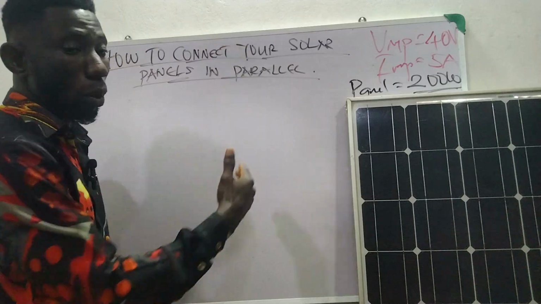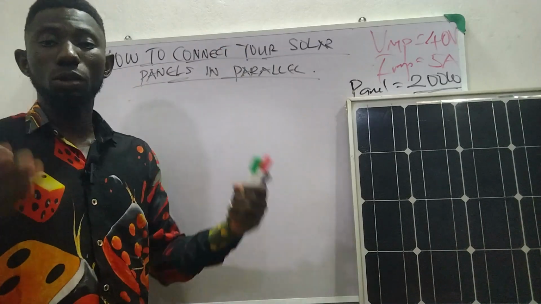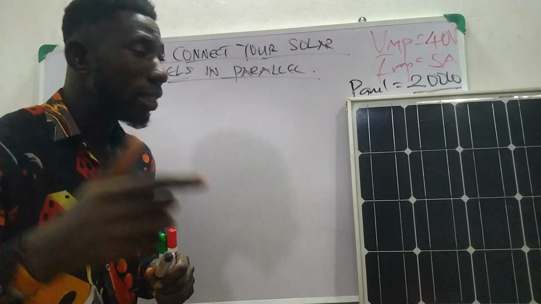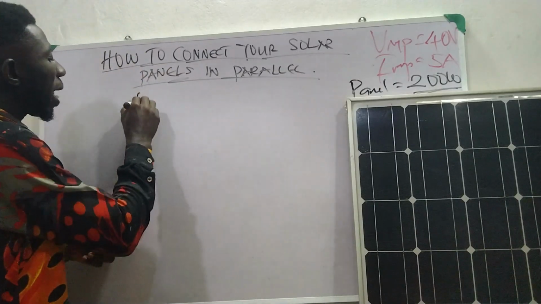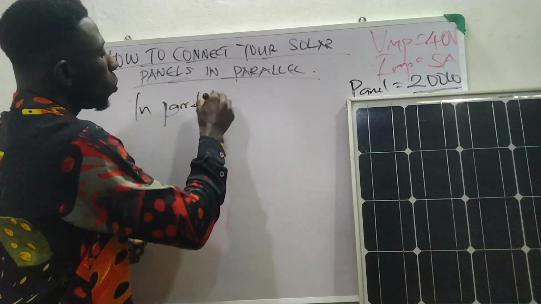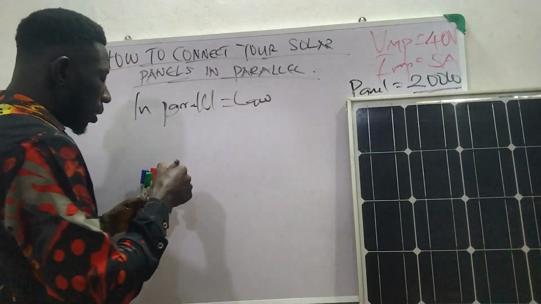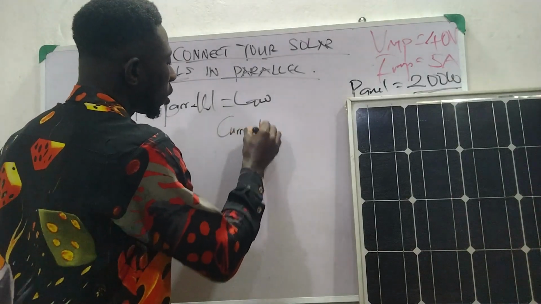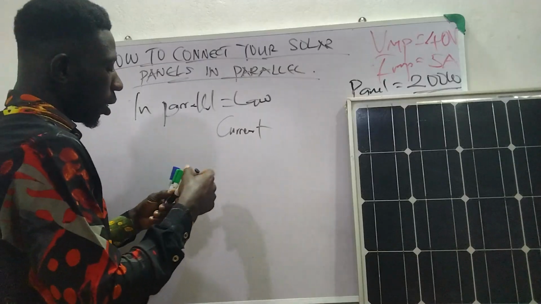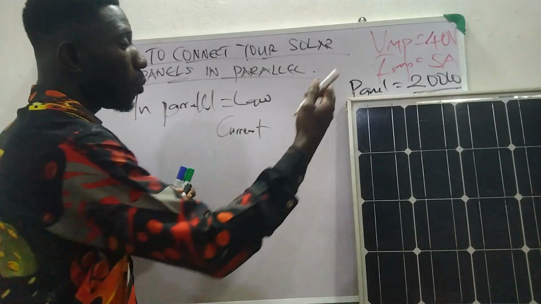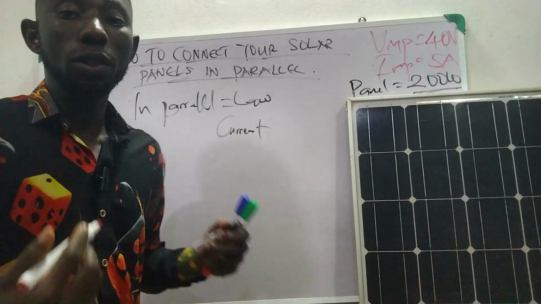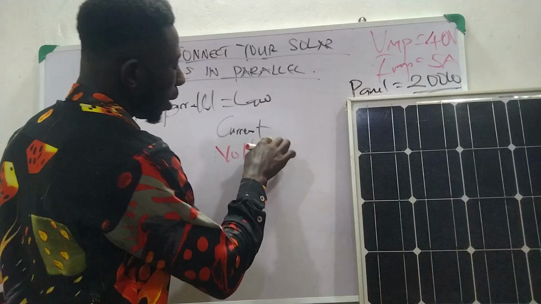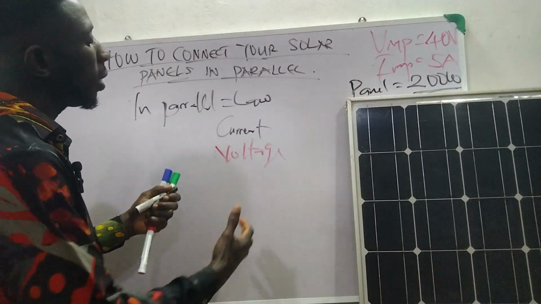Now I'm going to teach you how you can connect solar panels in parallel. But remember, there's a law that governs all these types of connections that we do in solar systems. In parallel, we have a law that states that when you connect your panels in parallel, you increase your current. In a panel, we are working towards achieving either current or voltage or both.